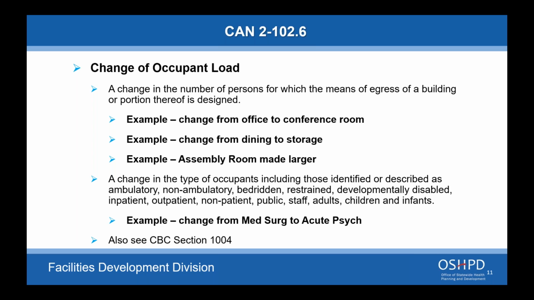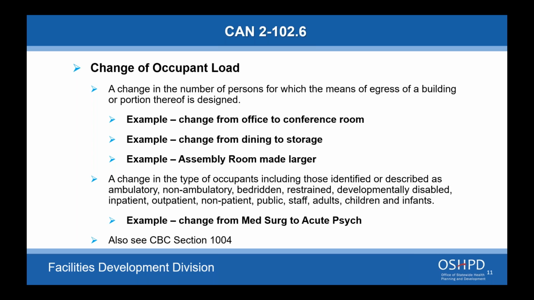Also, the type of occupants matters, okay? If you're changing the type of occupants, including ambulatory, non-ambulatory, bedridden, restrained, that's a big one, developmentally disabled, inpatient, outpatient, or to a non-patient use, public, staff, adults, children's, infants, all those things need to be looked at and considered when you're changing the type of occupants.